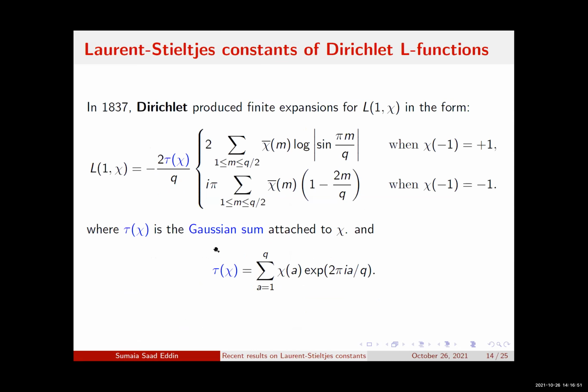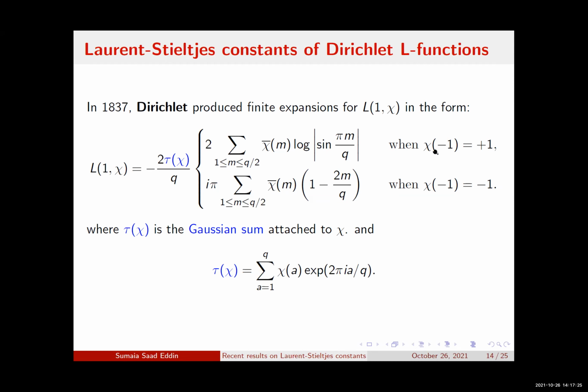Yes. Now, what about Laurent-Stieltjes constants? We spoke about Laurent-Stieltjes constants for the zeta function. And what about these constants for the Dirichlet L function? For the first constant, when n equals 0, I mean L1 chi, as you know, Dirichlet produced finite expansions for L1 chi. It is here. And we should always distinguish two cases.